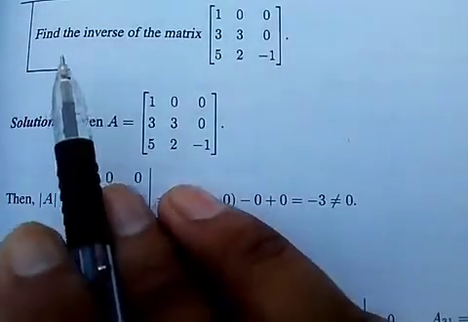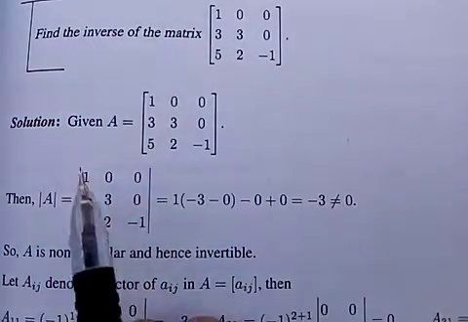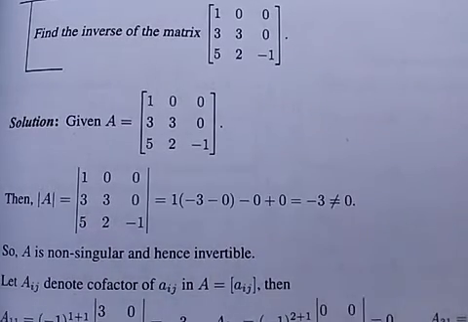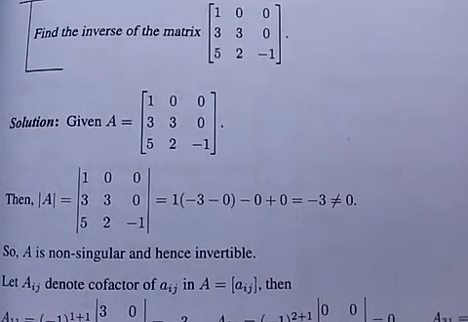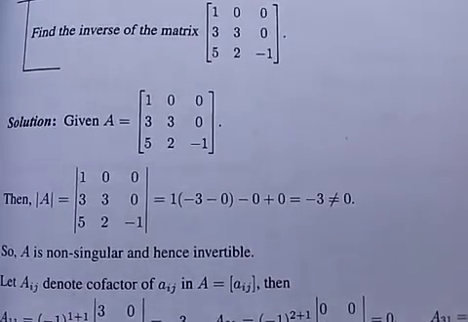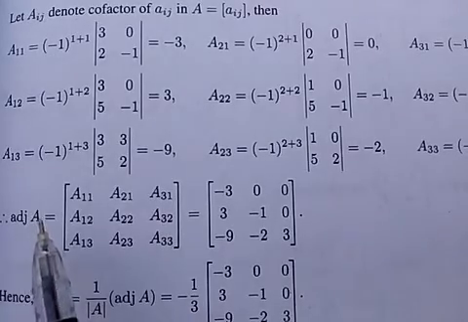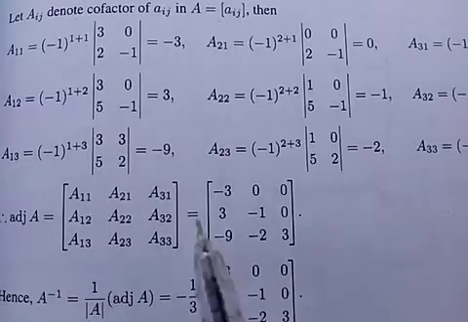Next example, find the inverse of matrix A of order 3. First of all, find determinant of given matrix that is not equal to 0. We can say that A is a non-singular matrix and hence it is invertible. Second thing, find adjoint of a matrix A. To find adjoint of A, first of all find cofactor and minor of a given matrix.